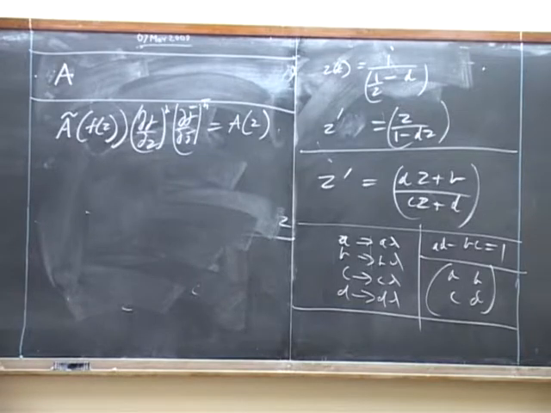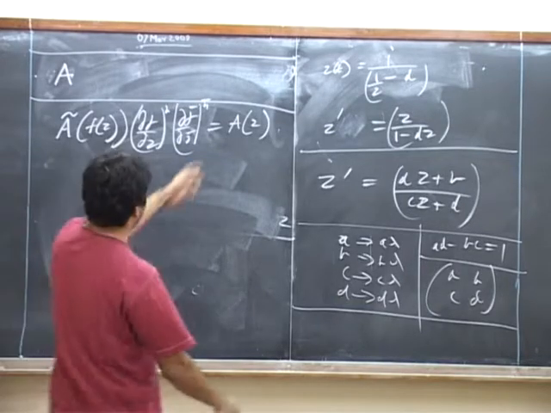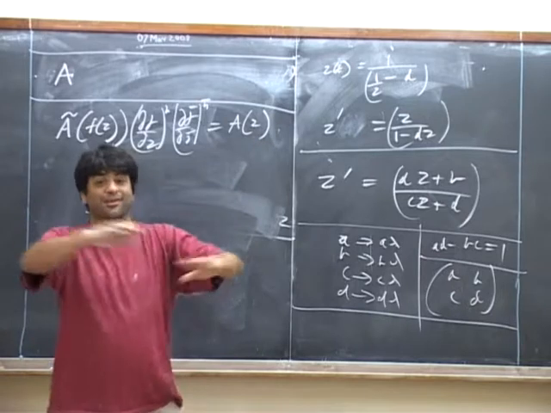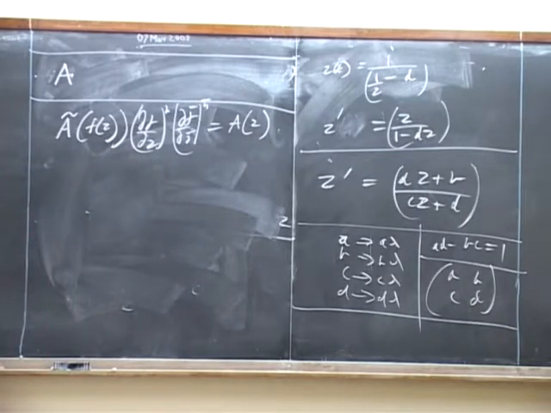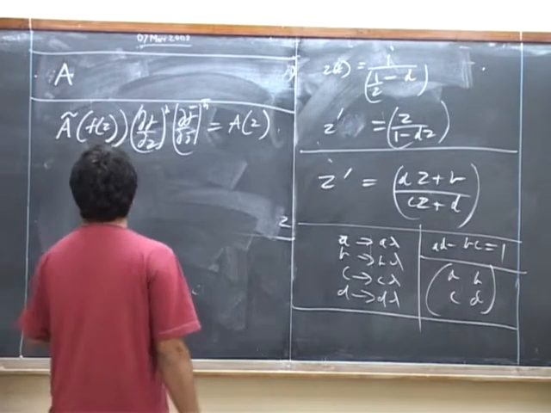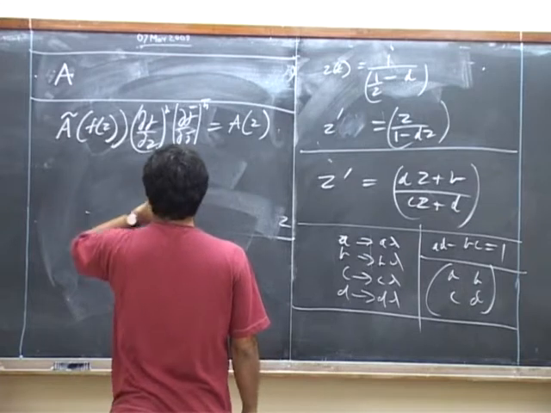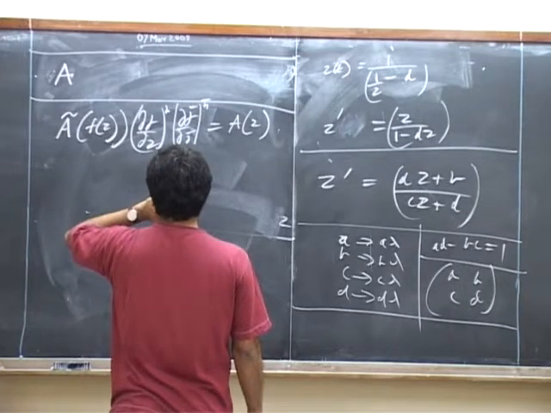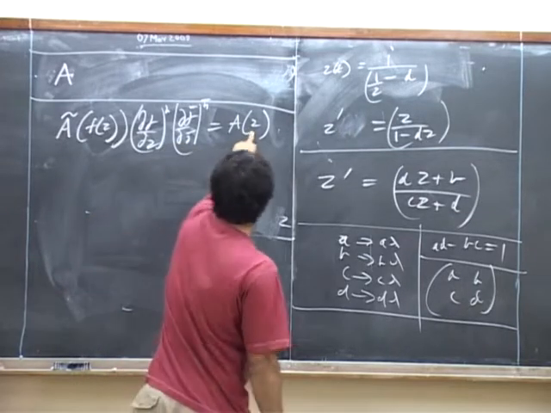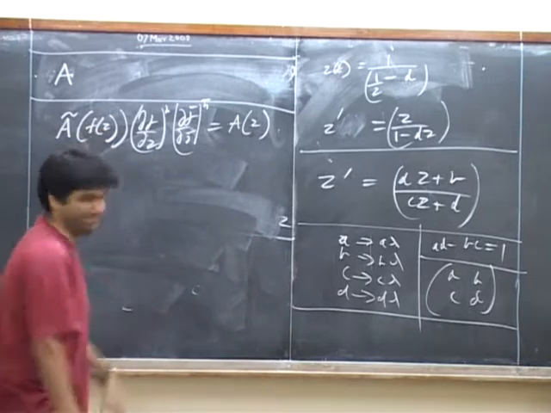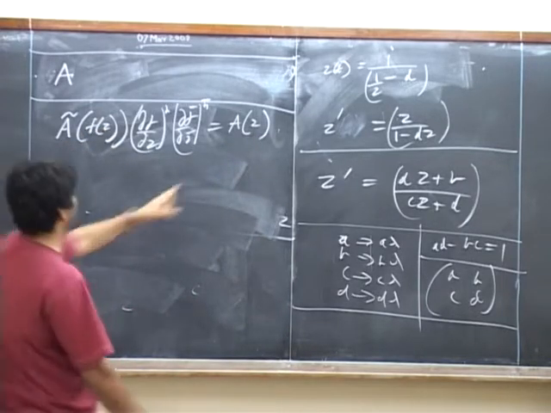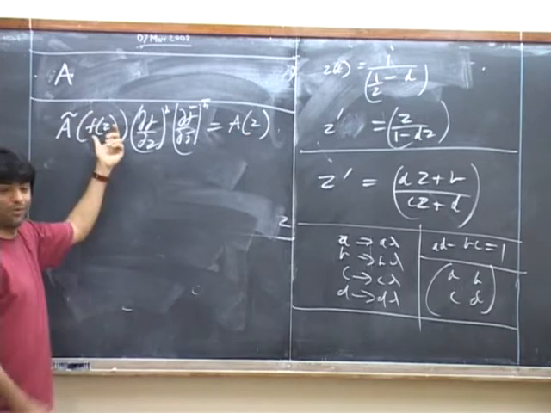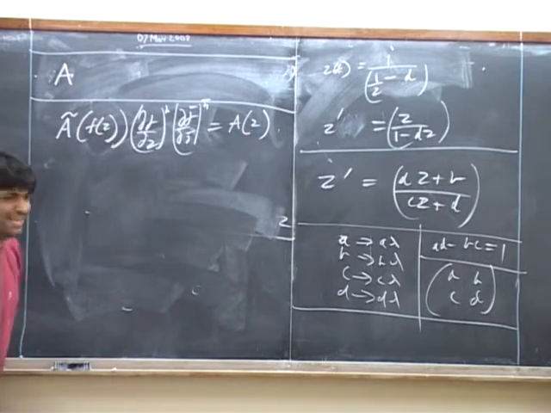Okay? So suppose you've got an operator A in the coordinate z, then you perform a conformal transformation such that this z is f of z prime. Okay, so that the insertion at z is now an insertion in the new coordinate at f of its new coordinate z prime.